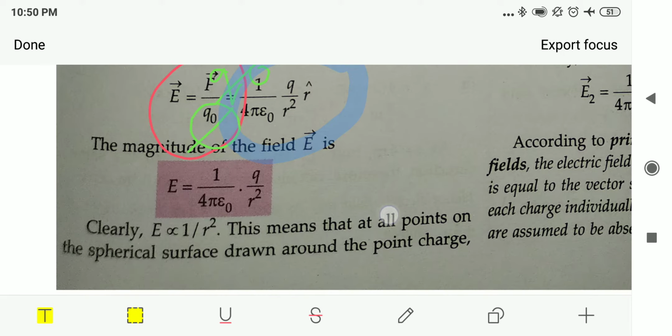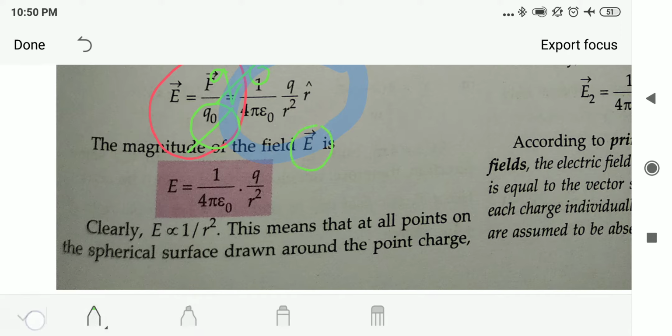In terms of magnitude, the electric field intensity E is equal to 1 upon 4 pi epsilon naught, q upon r square. This is the electric field intensity at a point P due to a point charge at a distance r from it.